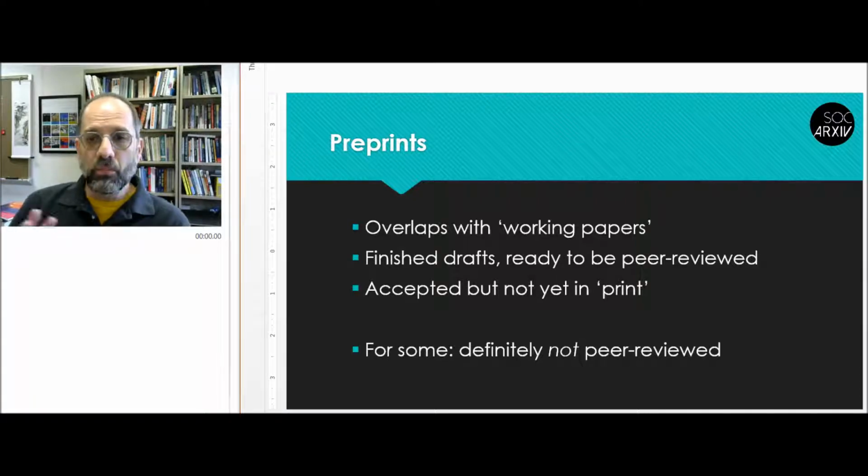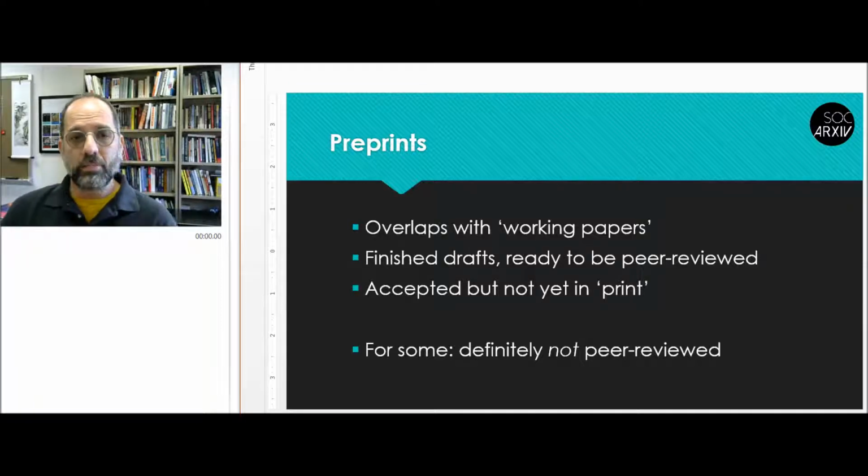Preprints have some overlap with working papers, but they imply something more like a finished draft, something that may be ready to be peer-reviewed, or even something that has been accepted, gone through the peer review process, but is not yet in print, whatever print means anymore. For some people, this is an important distinction because they're definitely not peer-reviewed.